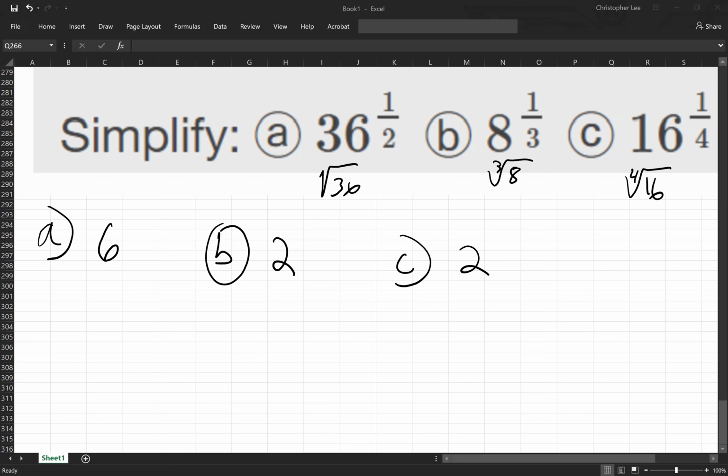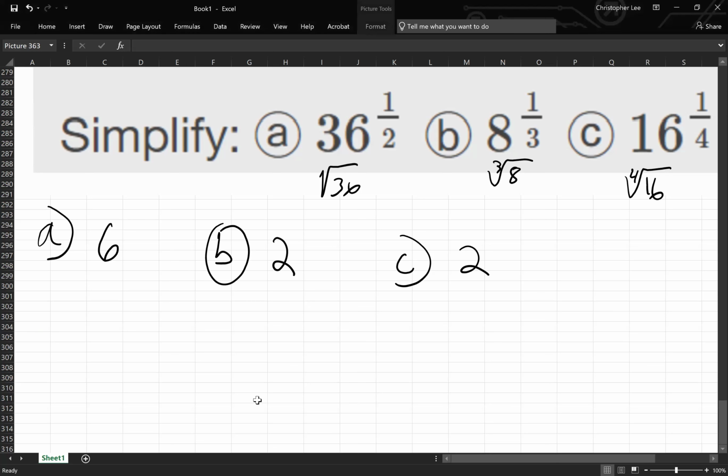I'm gonna give you guys 2 minutes to try this. I feel like you guys have enough information to understand how to do this one.